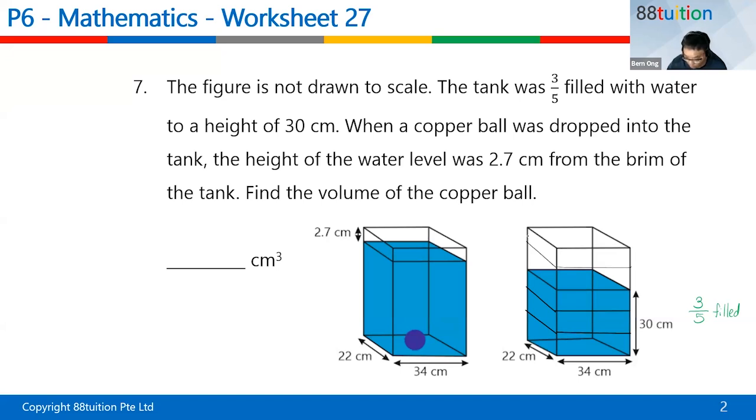So the 3 represents the 30 cm. If 3 units is equal to 30 cm, I can even find 1 unit, because I totally understand what the question gives me this clue for. So it's equal to 10 cm.